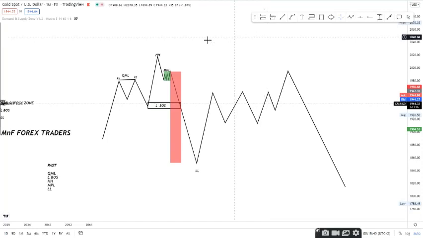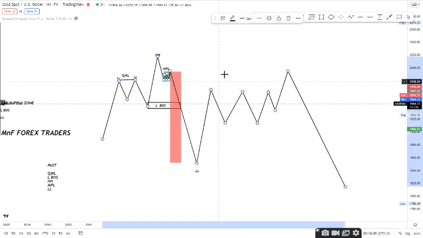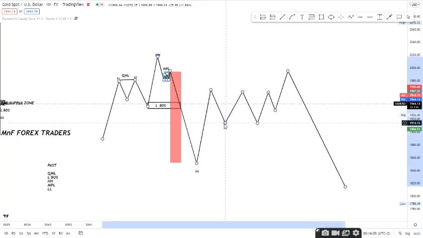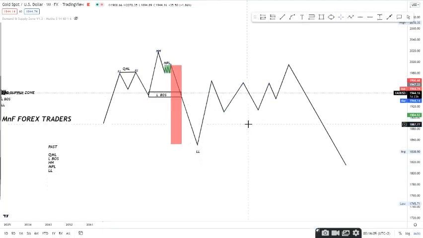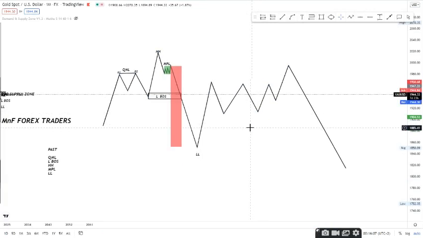When the market does something like this, it means that supply has exceeded demand, therefore the market is going to go down. As it goes down, we assume there are orders which will need to be filled by the smart money at this level, and that's why we wait for price to return so that it can collect those unfilled orders from that level. So we wait for that return.